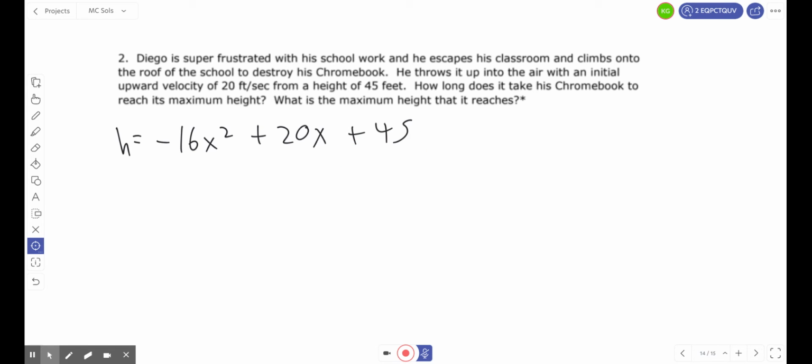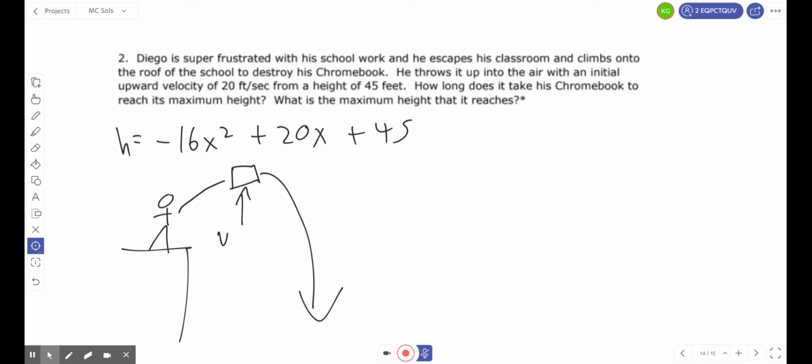So that's our equation. To find how long it takes to reach its maximum height, if he is throwing this Chromebook up there and it's falling down, that maximum height is going to be the vertex. So it's going to be on the axis of symmetry.